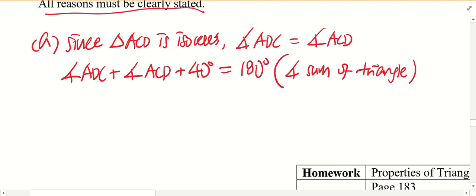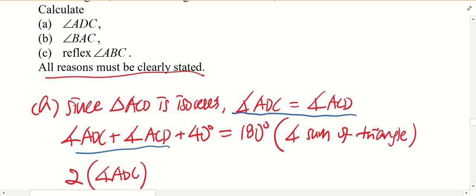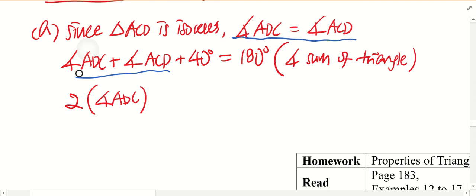Now we have ADC plus ACD, but we also know that these two are the same angles from the previous part. So can I combine these two? Yes, I can. So 2 times angle ADC plus 40 degrees equals 180 degrees, because we're interested in finding ADC. We have done the algebra before.